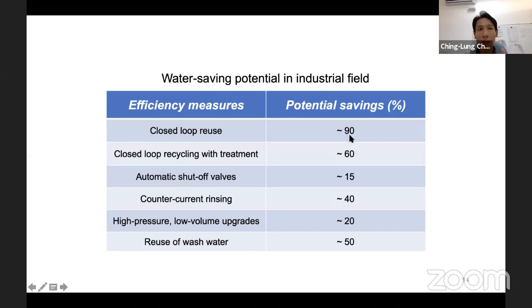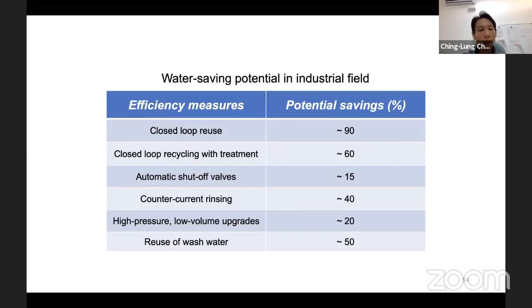So what is the other 10%? The 10% might be lost during the treatment. It might evaporate, or some small portion of the water might not meet the water quality, so some of the water still has to be discharged outside of the industrial facility.